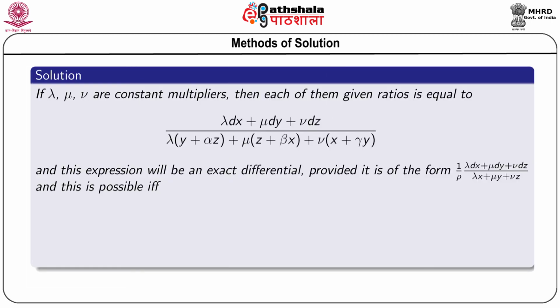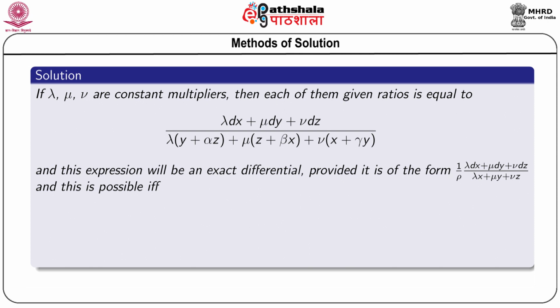Now, in method 2 we try to write the equation in this form: lambda dx plus mu dy plus nu dz divided by lambda into (y plus alpha z) plus mu into (z plus beta x) plus nu into (x plus gamma y). Here lambda, mu, nu are constants and we do not know their values, and we want this expression to be an exact differential.